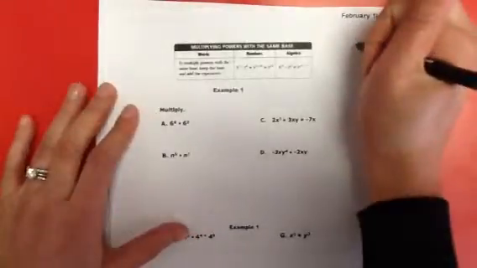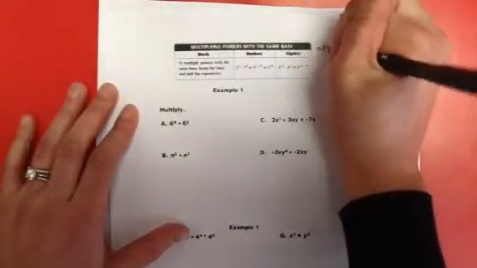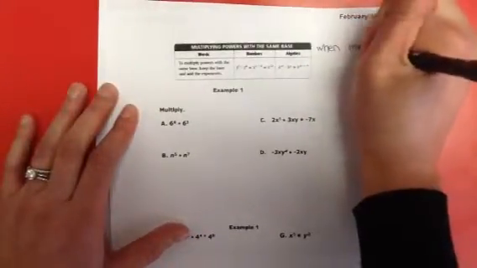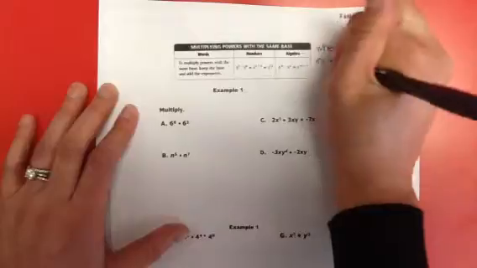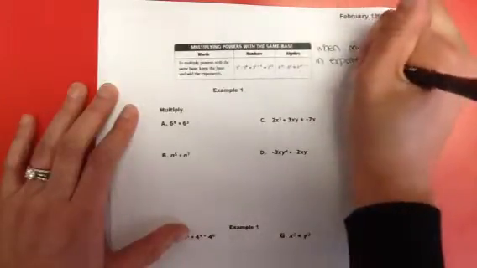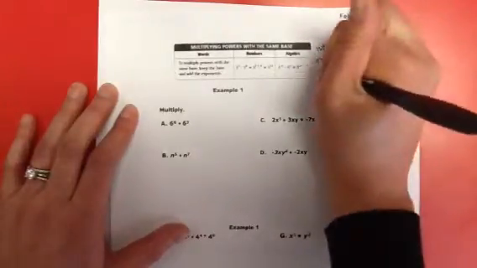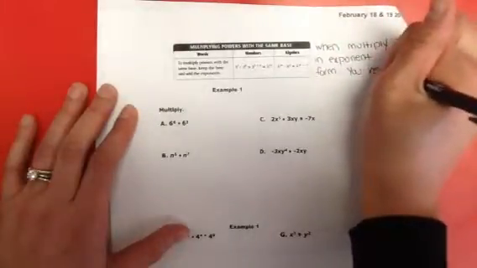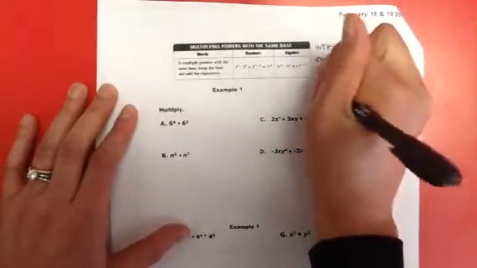Now, the first thing you need to do when you multiply in exponent form is keep the base the same.